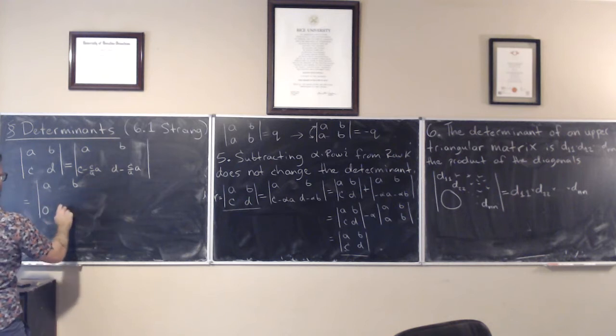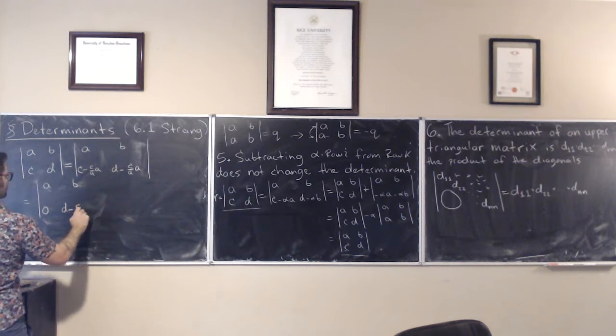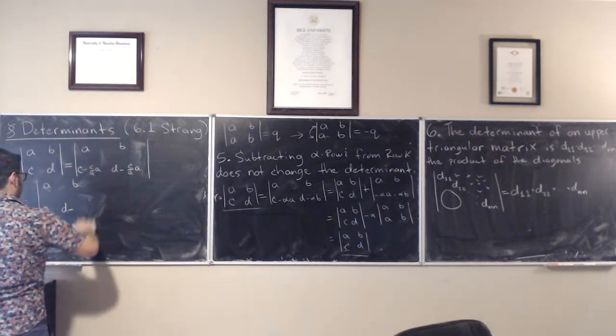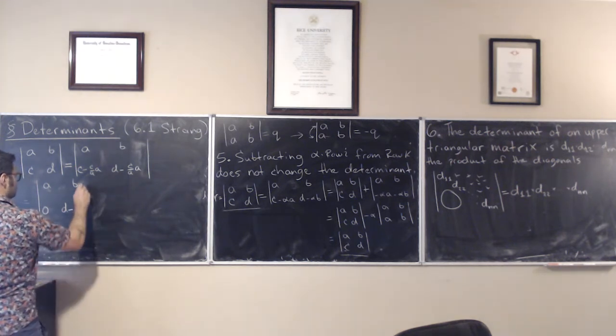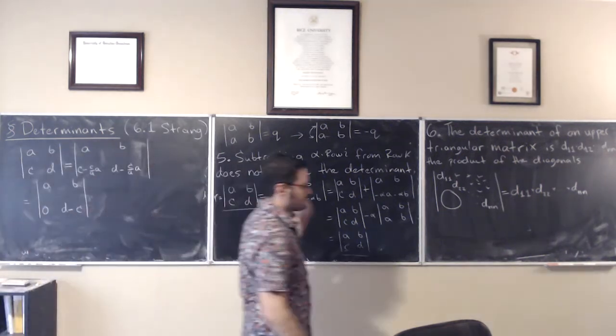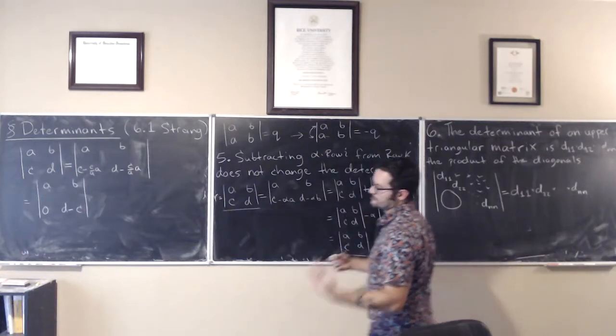Well, it's just minus C at that point, right? But now our goal is to get the identity, because we know that the determinant of the identity matrix is 1.